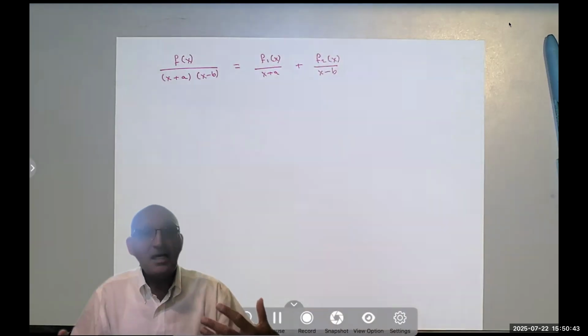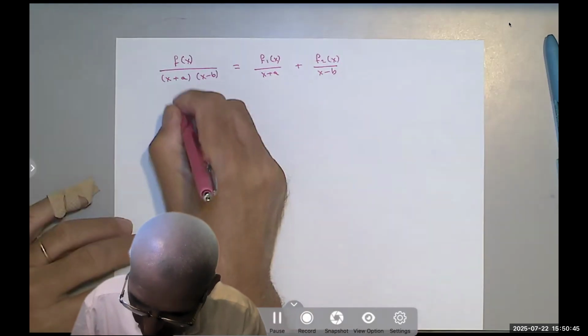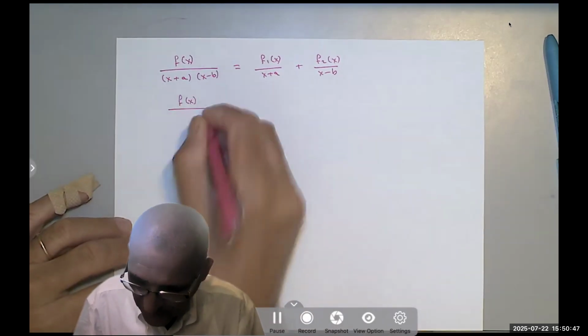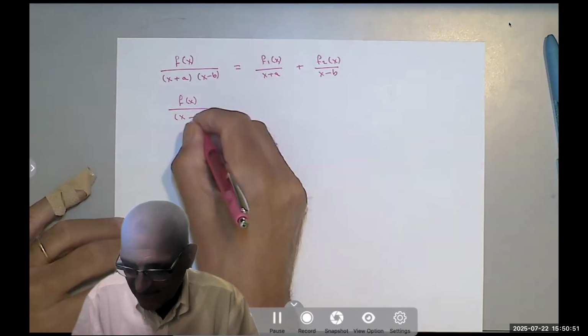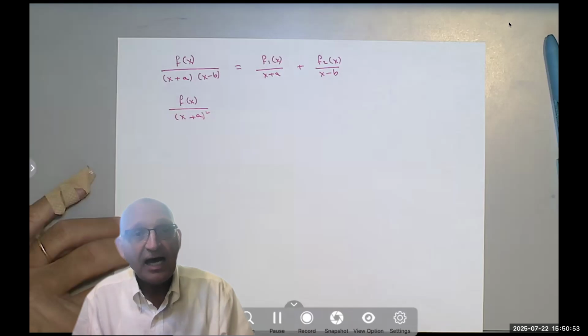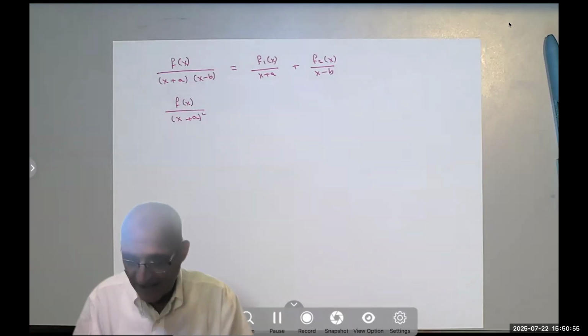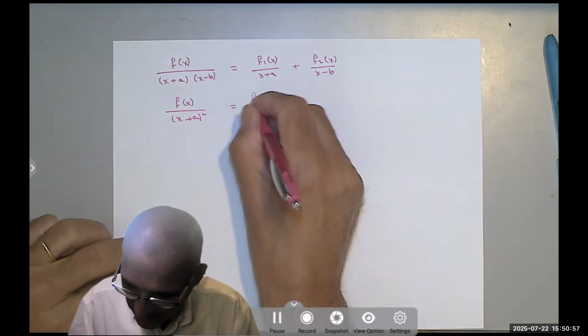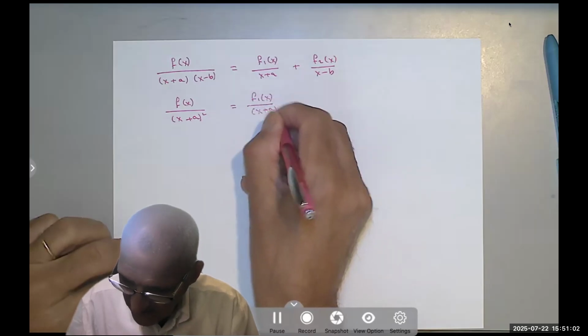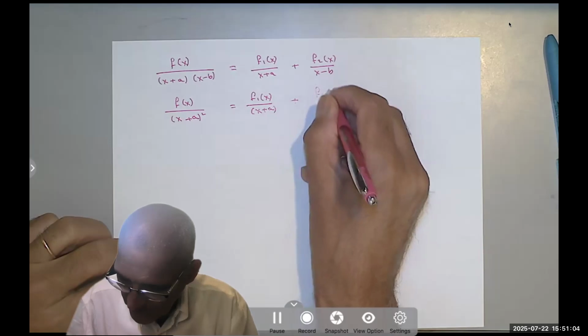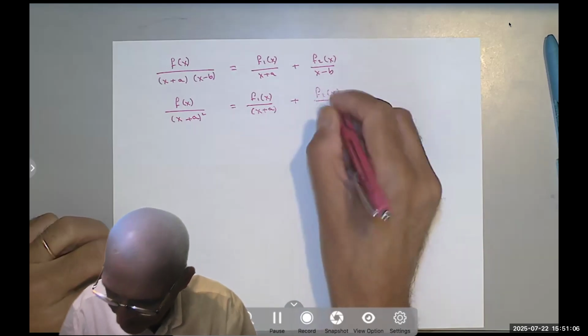Okay? If I have a function over x plus a quantity squared, I break that into two fractions. One of them is over x plus a, and the other one over x plus a squared.